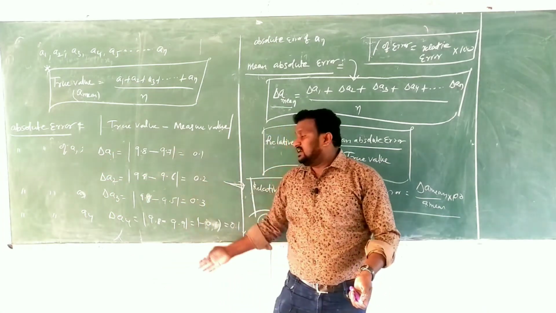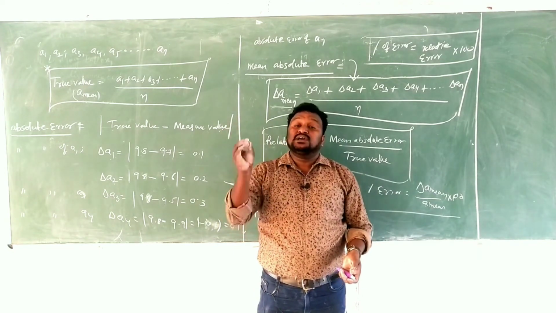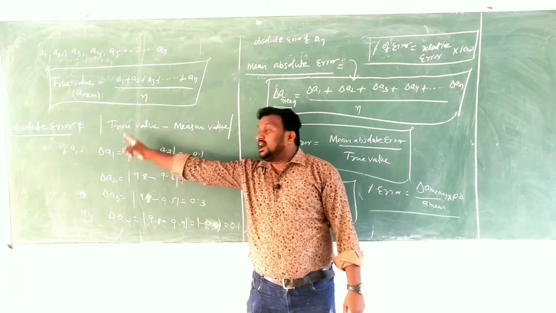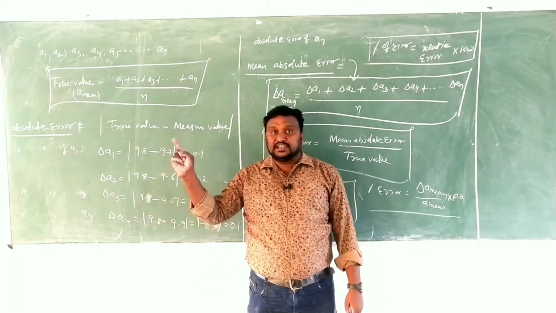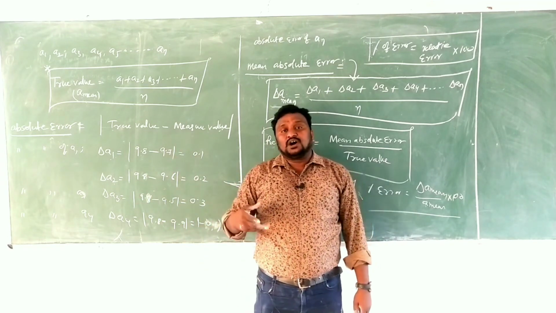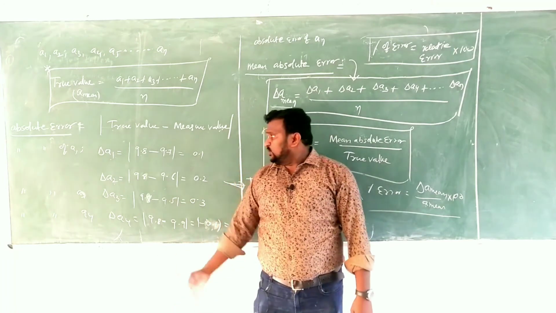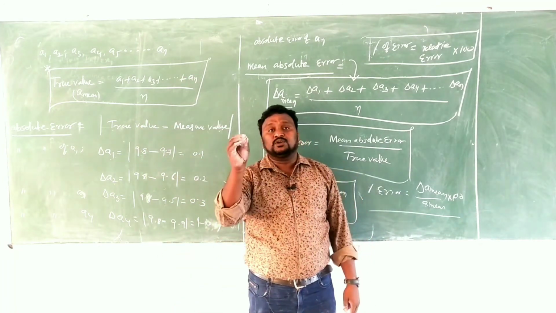For every measured value, there is some absolute error. Delta A1 is the absolute error of A1, delta A2 is the absolute error of A2, and so on. Delta AN is the absolute error of AN.